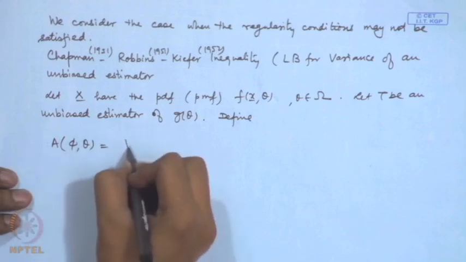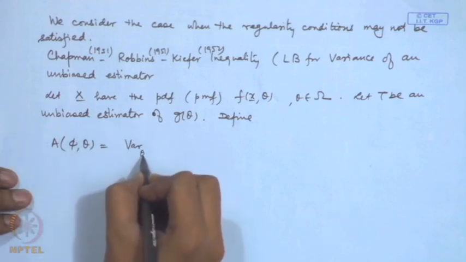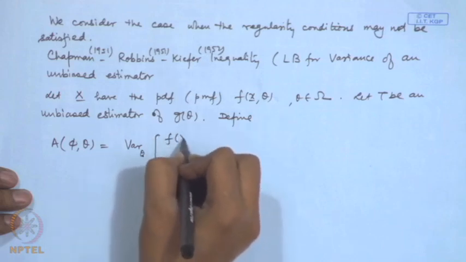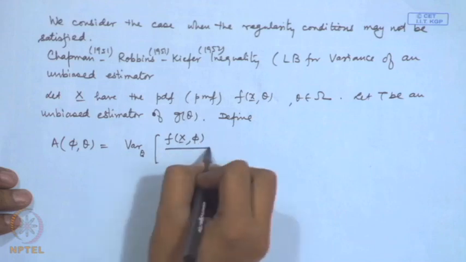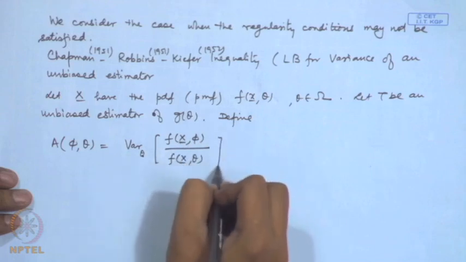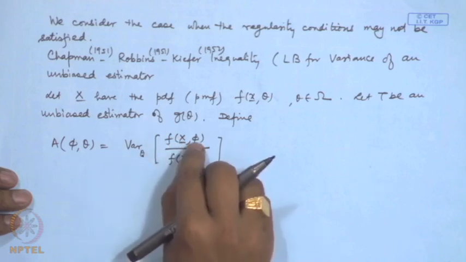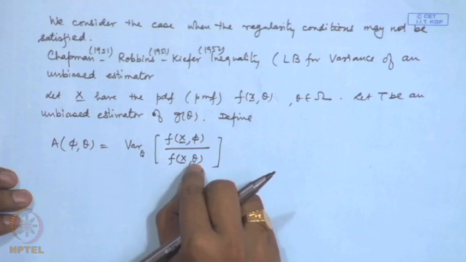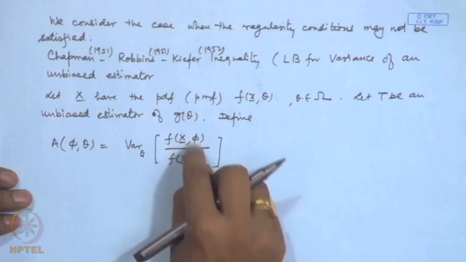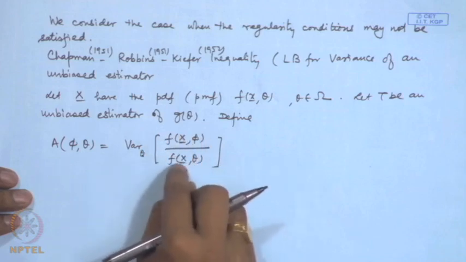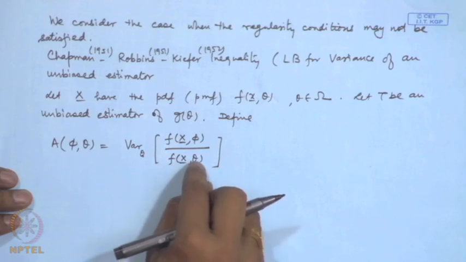This is defined to be the variance, under the true distribution f(x, theta), of f(x, phi) divided by f(x, theta). That means I am considering the joint distribution at the parameter point phi and the joint distribution at the point theta. Let us consider the ratio, and the variance of this is considered when the true distribution is f(x, theta).